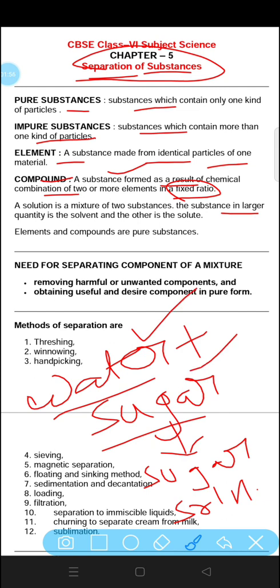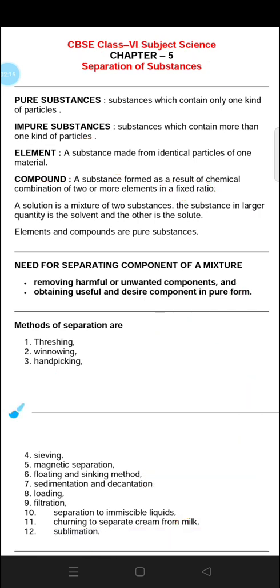So the substance which is present in large quantity is called solvent. That means water is solvent and sugar which is present in small quantity is called solute. And the solution of both of them is called sugar solution. That means solution contain one solute and one solvent.